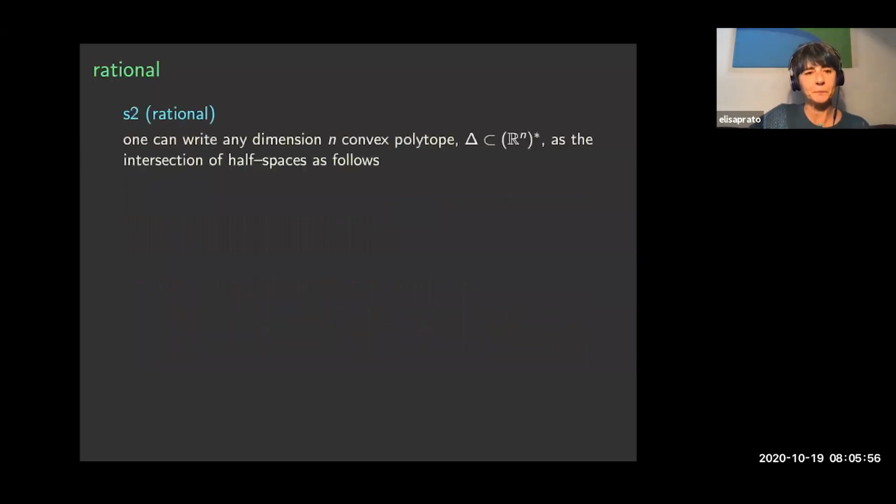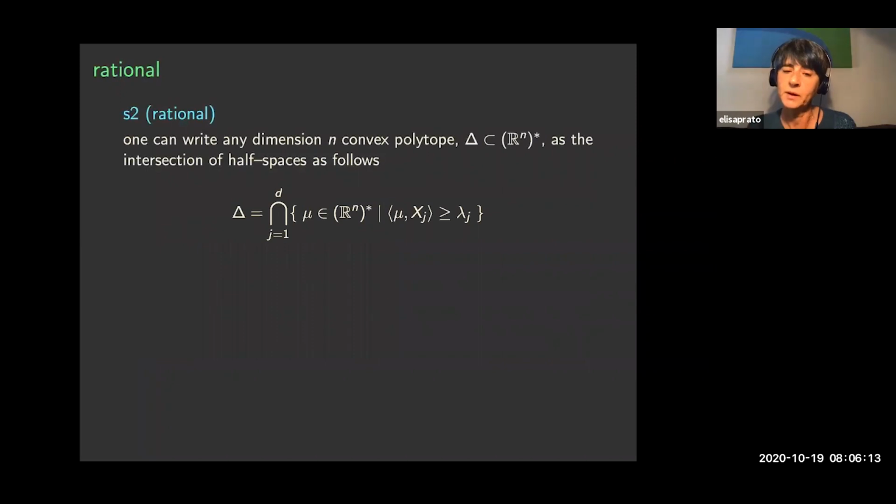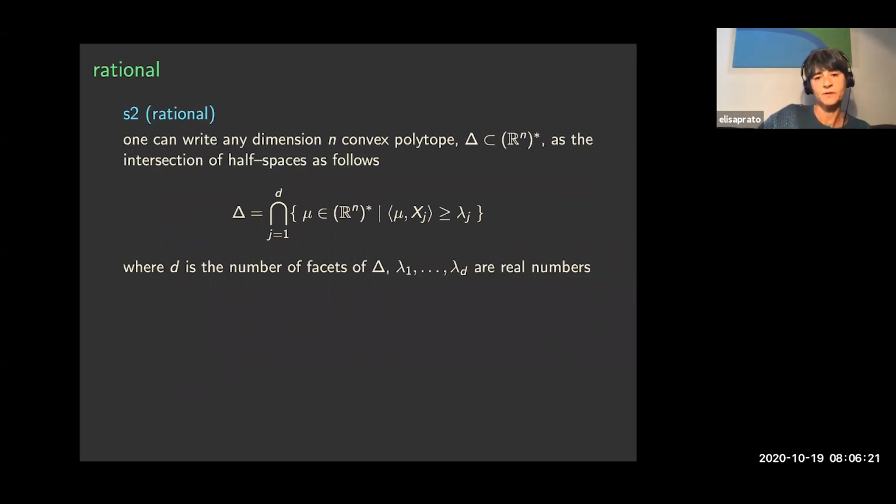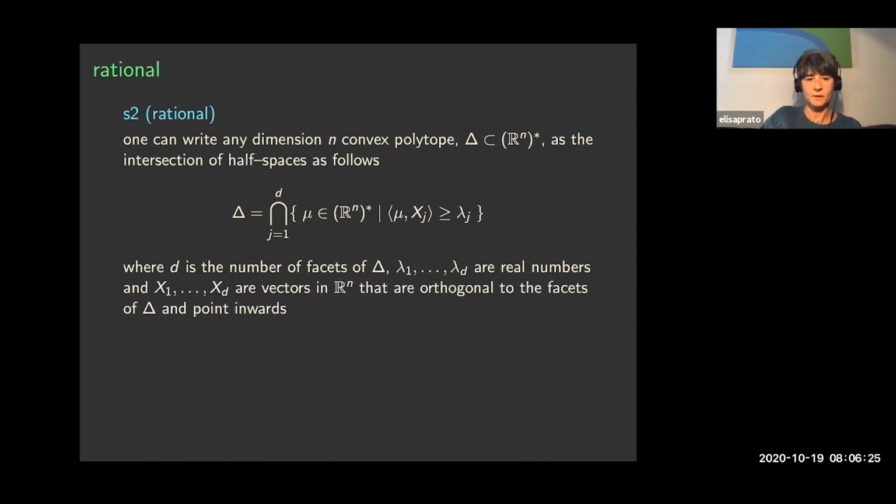Rational means that in this context, assume that we have our polytope of dimension n, and every polytope can be written as the intersection of half spaces in the following way, where D is the number of facets of delta, the codimension 1 faces, and the lambdas are real numbers.